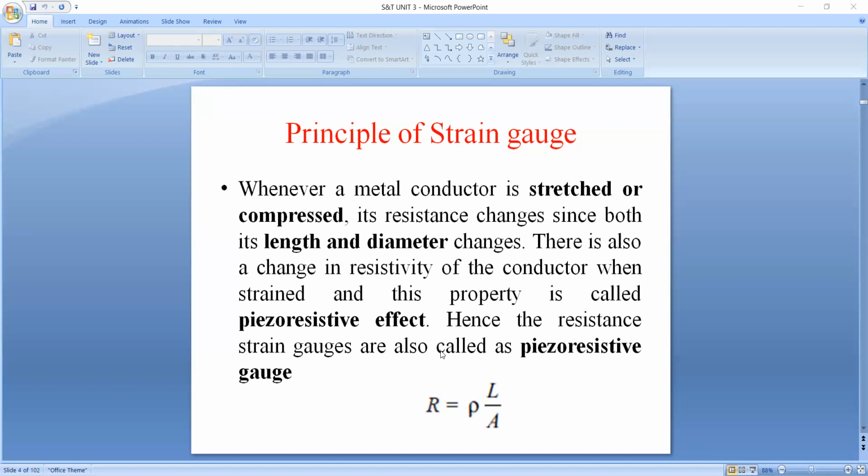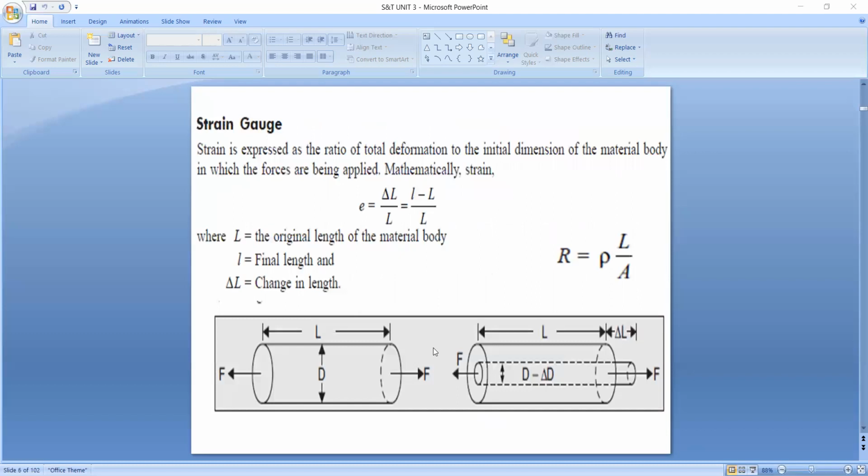So delta L is the change in length, delta A is the change in area, delta D represents the change in diameter, and delta R represents the change in resistance.